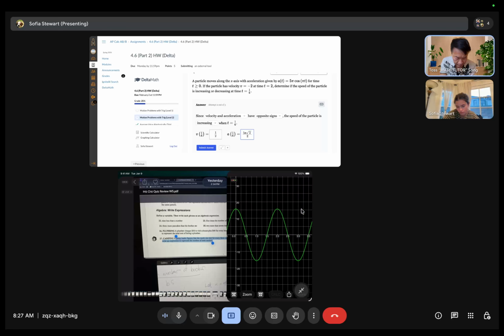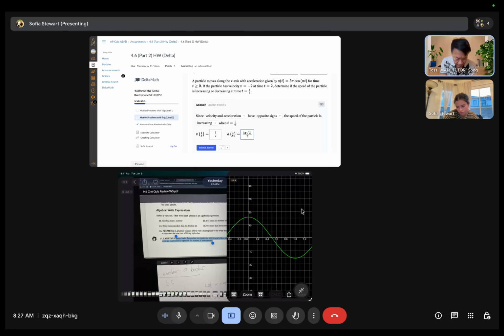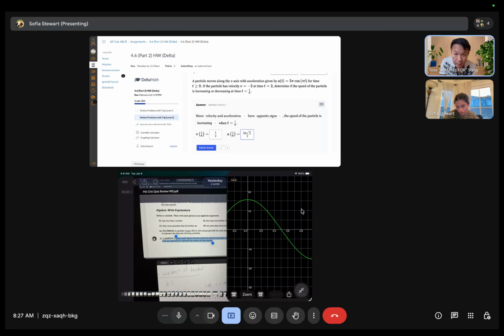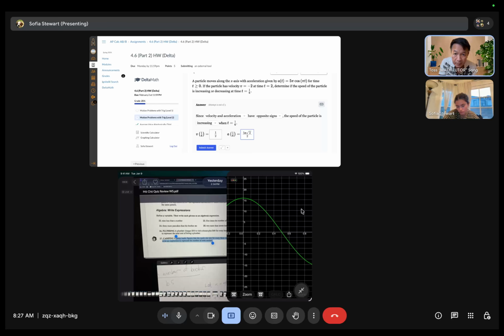T greater than 0. Okay, so we're talking between what? Oh, velocity. It says so right there. The particle velocity equals -2 at t equals 2. This is positive.